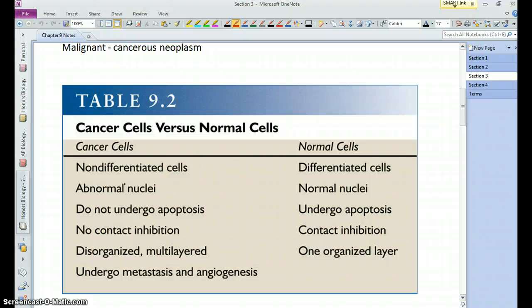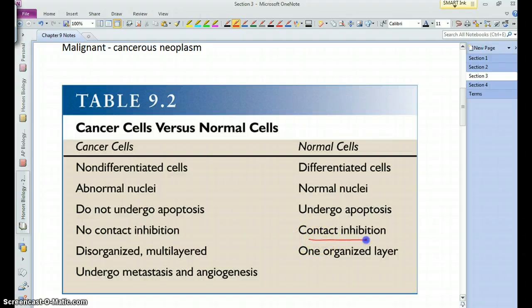They just simply divide and take up resources. They have mutations, that is, their nuclei are not normal, and those mutations are what are causing them to divide uncontrollably. Normal cells, when they are damaged, will often go through apoptosis, or if they've just reached the end of their lifespan, they will go through apoptosis, but this doesn't happen with cancerous cells.